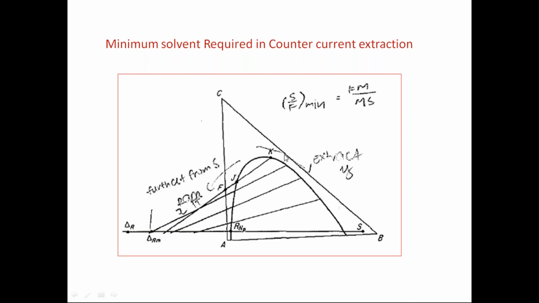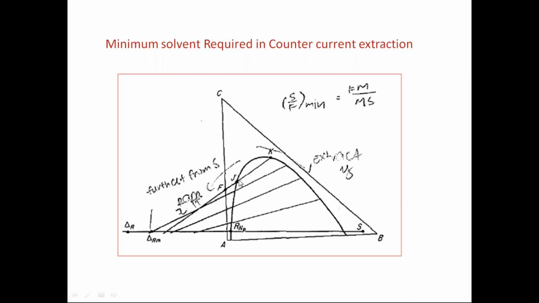Then E1 is on this side, so you have to draw one pinch point. All of you know how to draw the pinch point. These are the tie lines. If the operating line goes through a tie line, that means the operating line and the equilibrium line coincide, and you will get the pinch point.